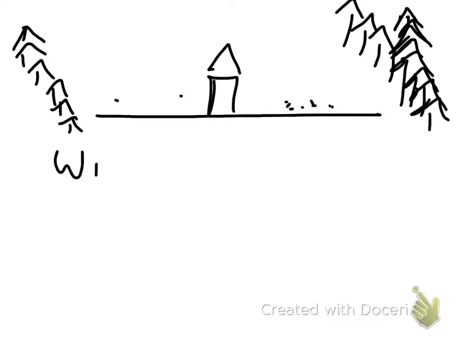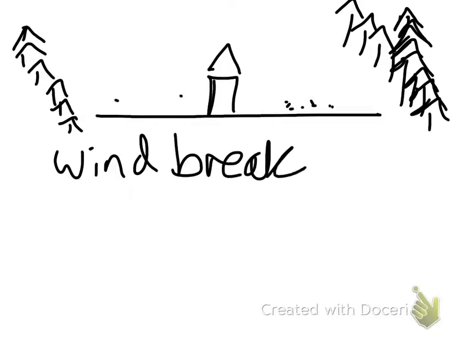It's a windbreak. It causes the wind to not be able to carry your sediment as far, right? The wind can come and blow a little bit, but it's not going to carry your soil all the way away, right? Your trees are slowing down the wind, and it's protecting your soil.